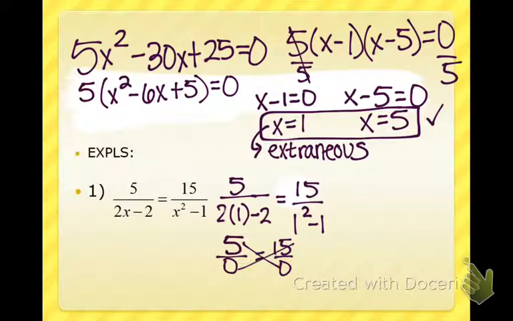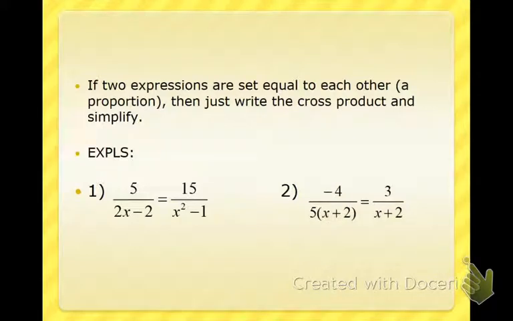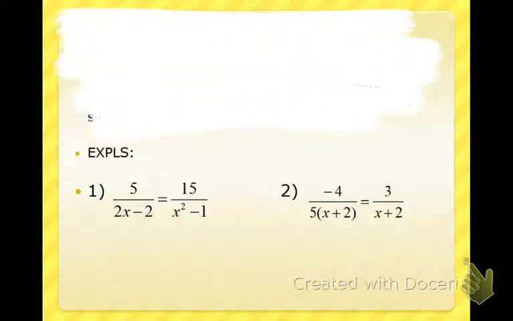Questions about example 1? Are you ready to see example 2? Yes. Okay. I'm going to go ahead and erase pretty much everything else on the screen here so that I've got enough room.